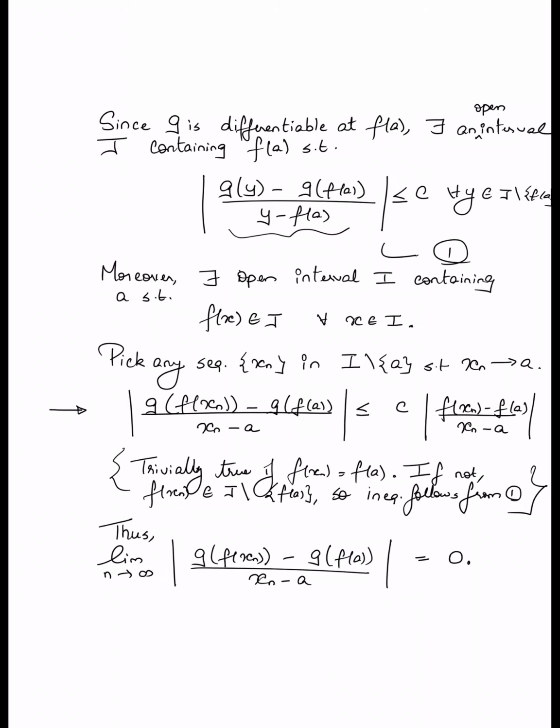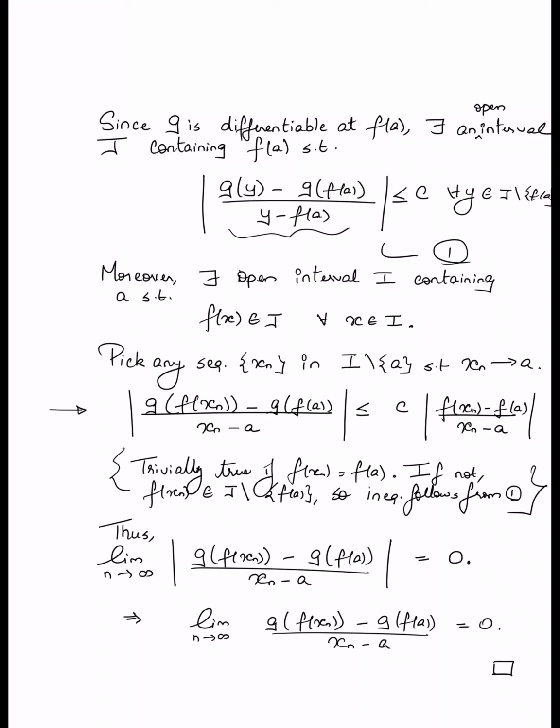And once the limit is 0, I can kick the mod out, right? So which means that the limit as n tends to infinity of (g(f(xn)) - g(f(a)))/(xn - a) is equal to 0, which is exactly what shows, since this is true for any sequence xn, so it suffices to work with sequences that are contained within the open interval I, right?